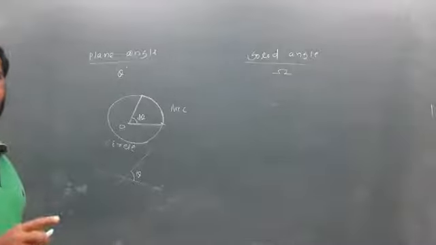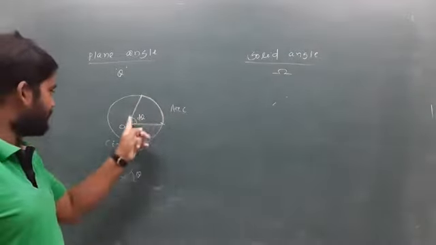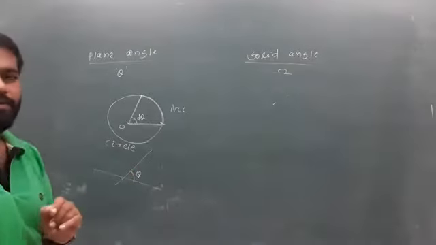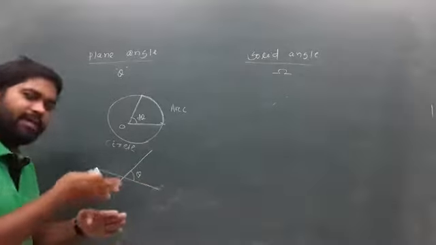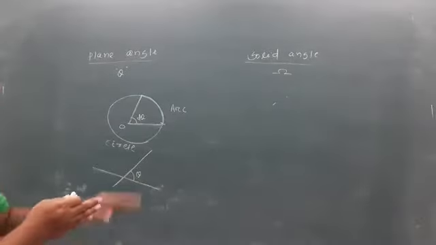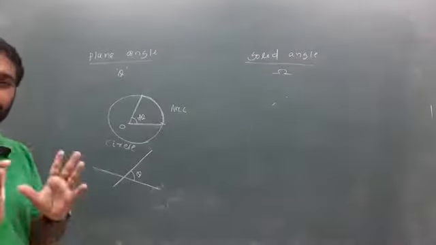Or it is made by the cross section of two planes or two lines. That is called a plane angle, and we often measure it in radian unit.